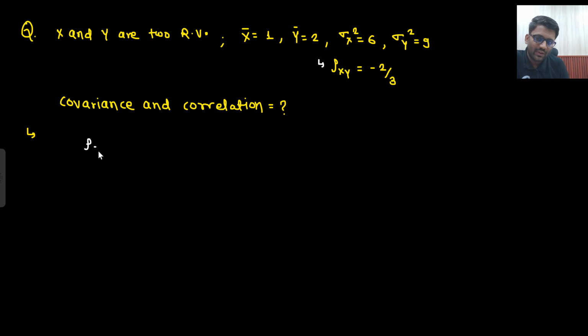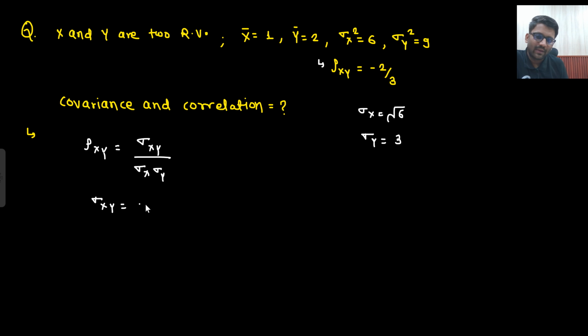The correlation coefficient is given, which equals sigma xy divided by sigma x sigma y. So what is sigma x? Sigma x is under root 6. And sigma y is 3. So what would be your sigma xy?